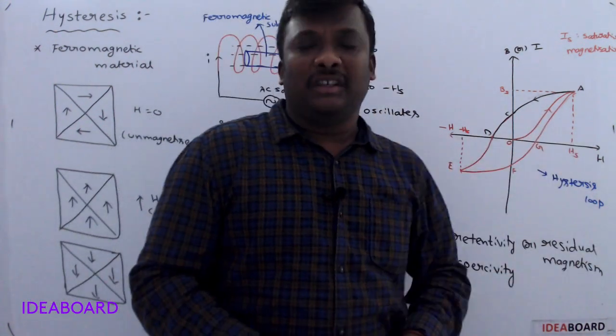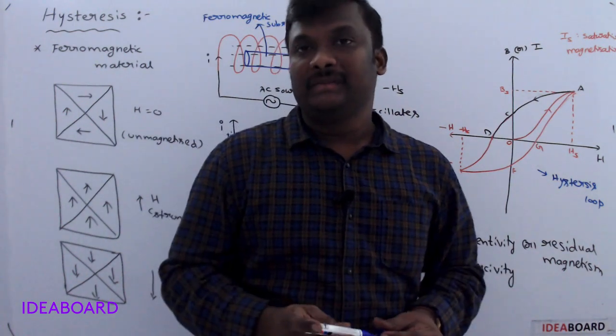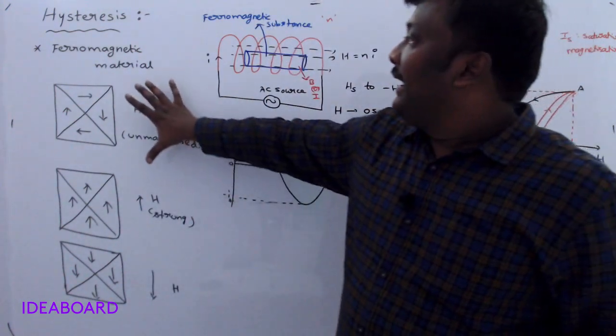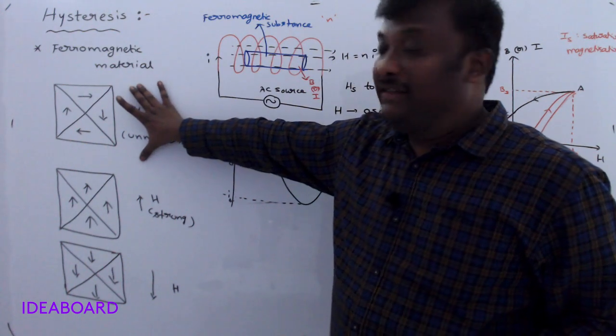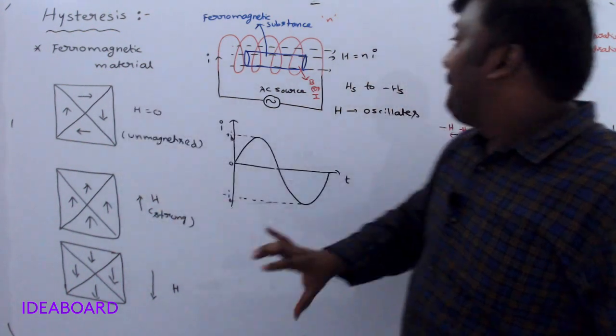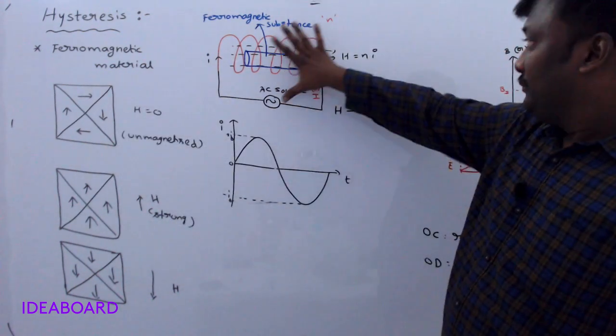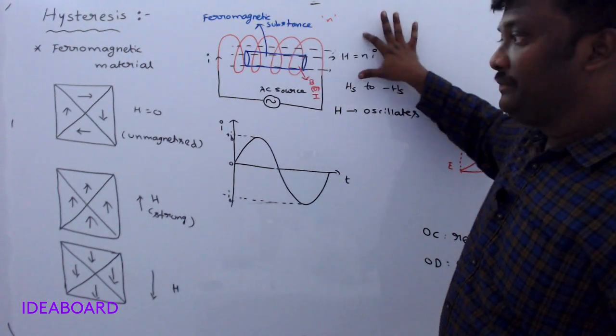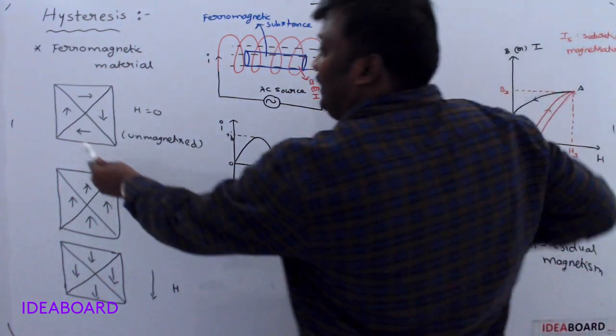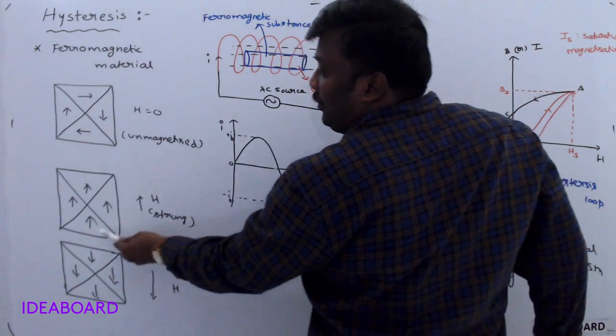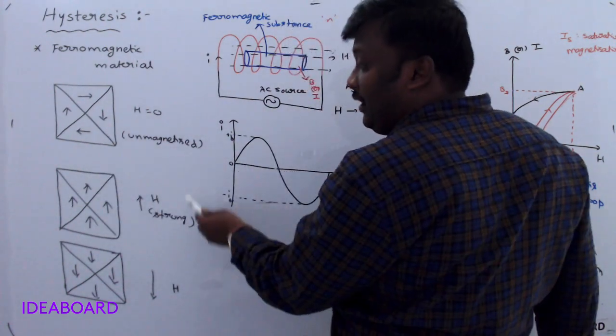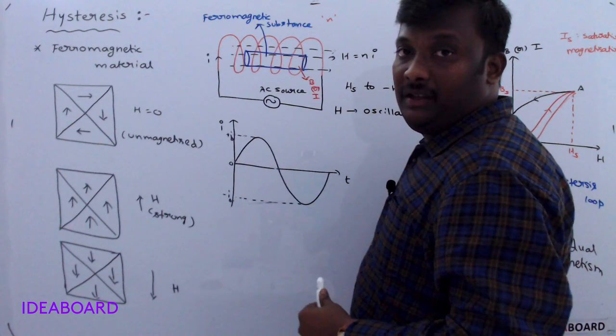During this entire process, what happened? Clearly, a ferromagnetic material which is unmagnetized is placed inside the magnetizing field H. Then these domains are rotated in the direction of the magnetizing field.